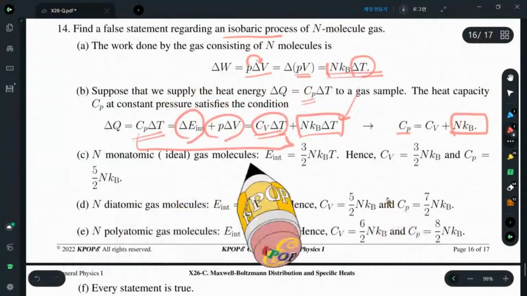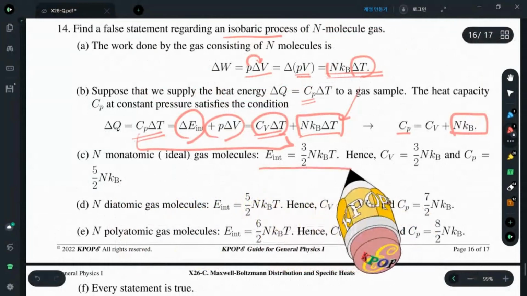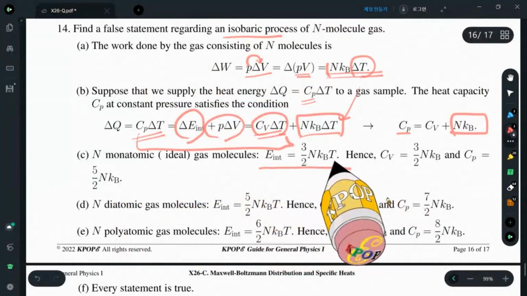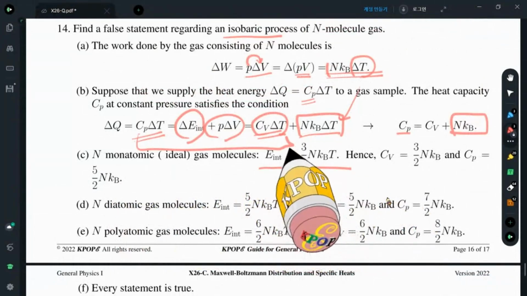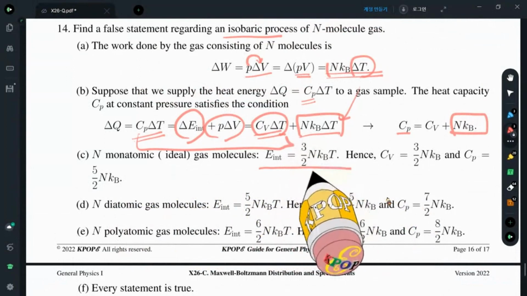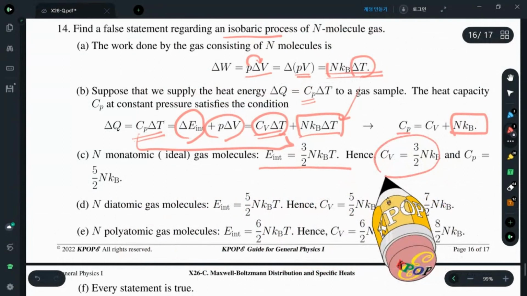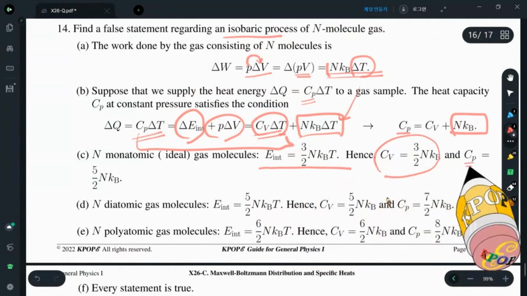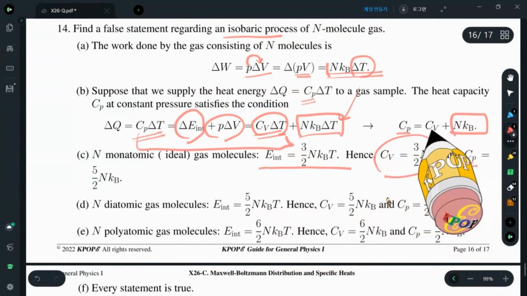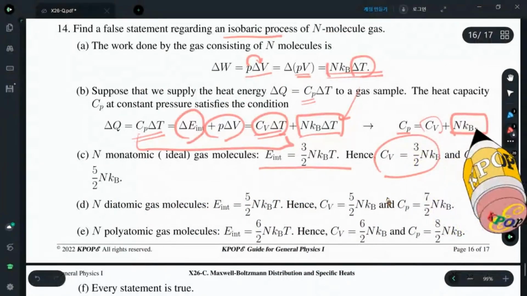For a monatomic gas, the internal energy is 3 times 1/2 NkBT, and by taking the temperature derivative, Cv is read off here, and Cp is always Cv plus NkB.